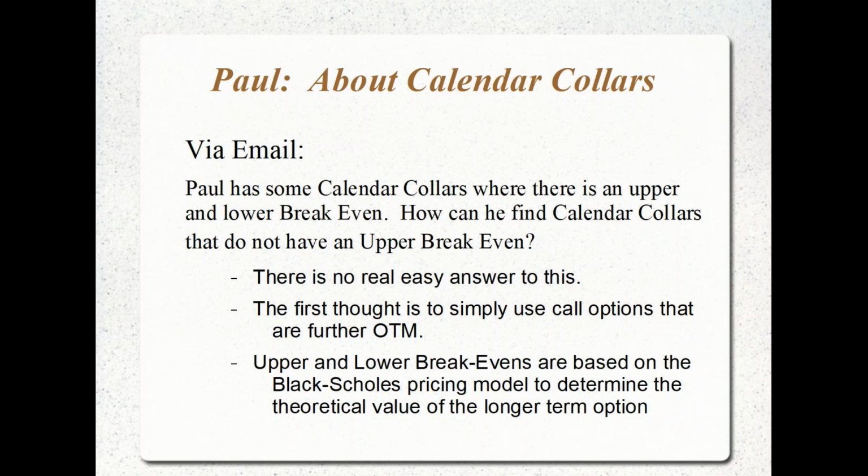Anytime you look at a calendar spread, a standard diagonal spread, a horizontal, or even a calendar collar where you own the stock, the upper and lower break-evens use the Black-Scholes pricing model to calculate where the long option might be priced at short-term expiration.